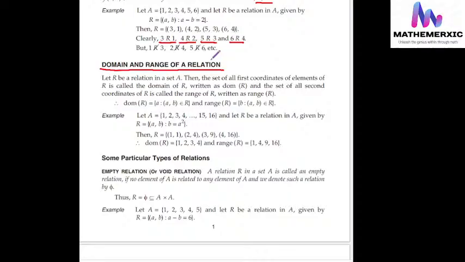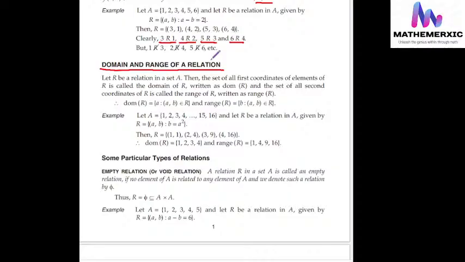Domain of R is the set {a such that (a, b) belongs to R}, and range of R is {b such that (a, b) belongs to R}. So the first coordinate of the elements of R is called the domain and the second coordinate is called the range.